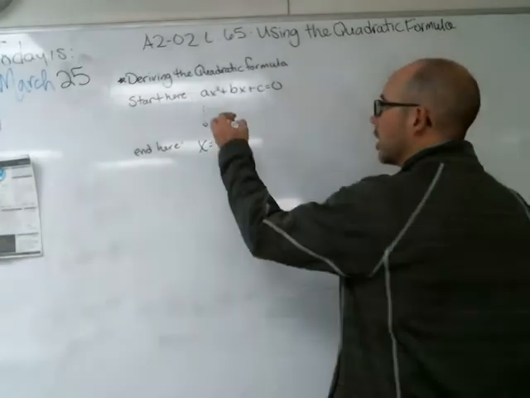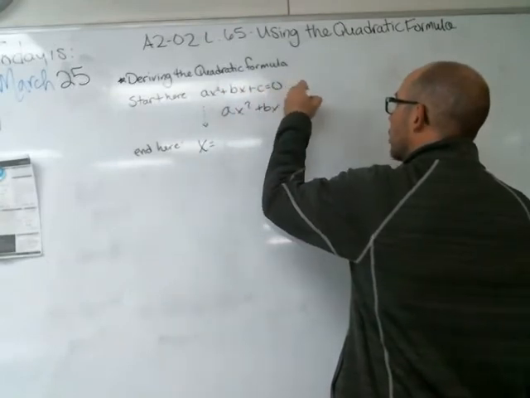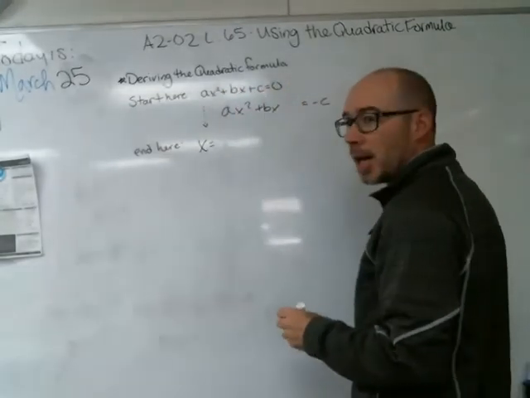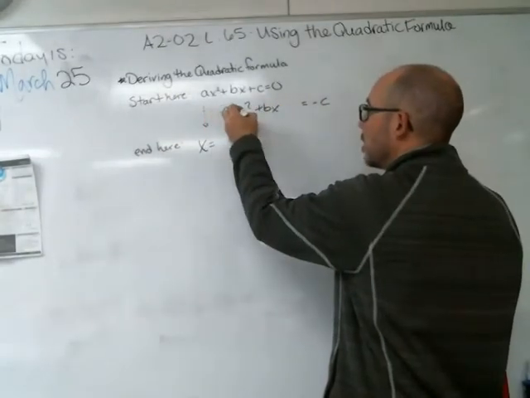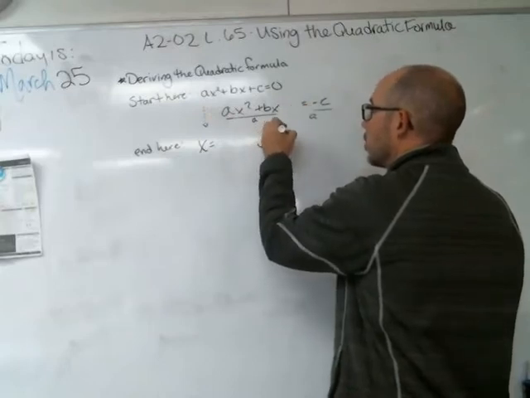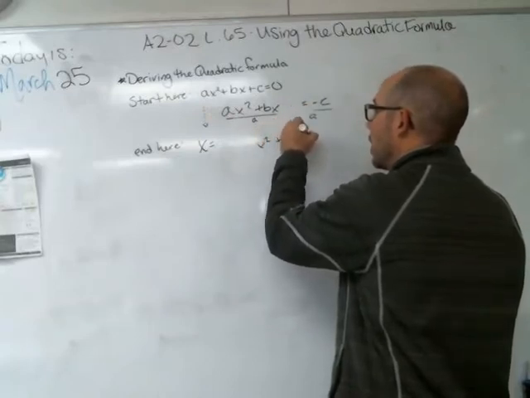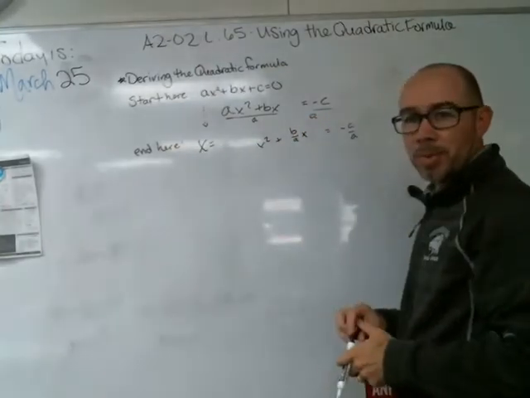One of the steps would be moving the c to the other side. There's going to be some division here by a. So we have x squared plus b over a x equals negative c over a. That sets it up for completing the square.